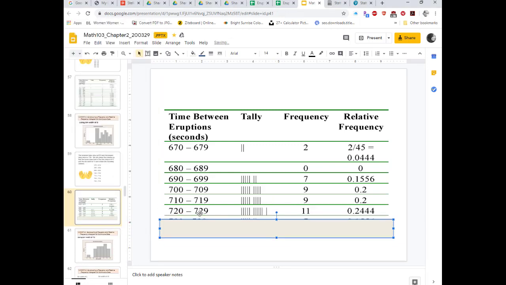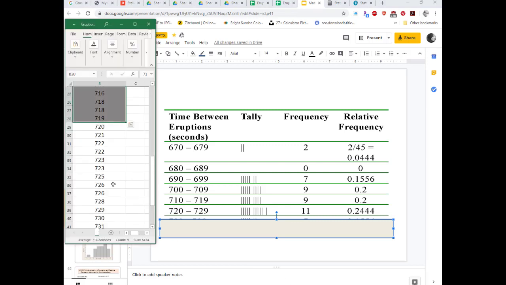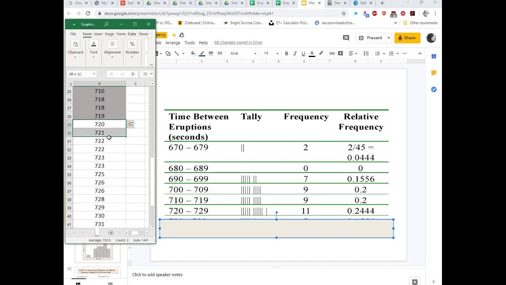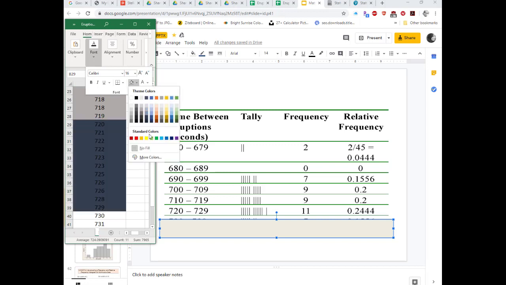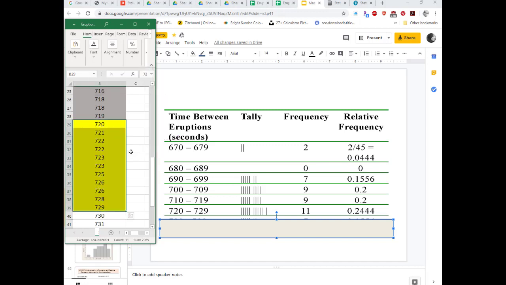The next bin is 720 to 729. Here I've got 720, 721, 722, 723, 724, 726, 727, 728, 729. Okay, I'm going to go ahead and make that one the bright yellow. And if I count those up, you can see here that it's 11. 1, 2, 3, 4, 5, 6, 7, 8, 9, 10, 11.